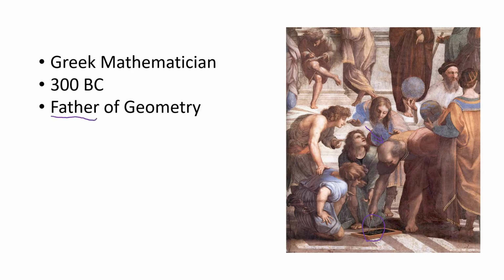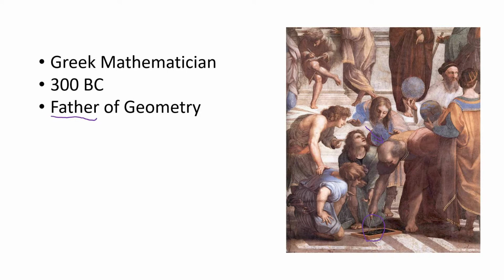So who is Euclid? Euclid is a Greek mathematician. He lived in 300 BC, 2,300 years ago, a long time ago. But the most important piece is we think Euclid is the father of geometry.